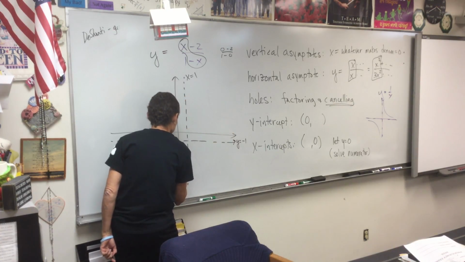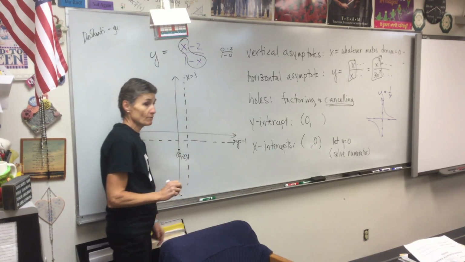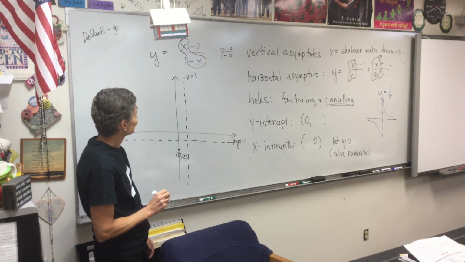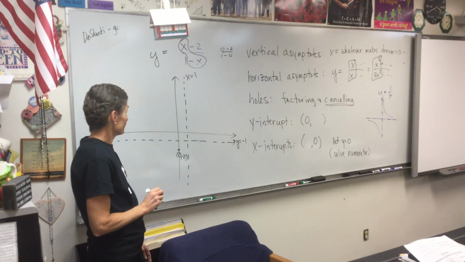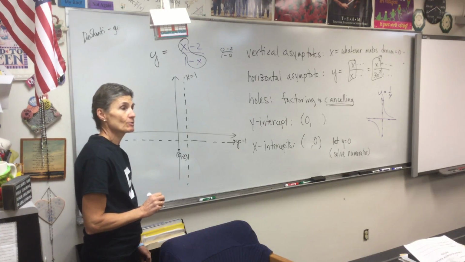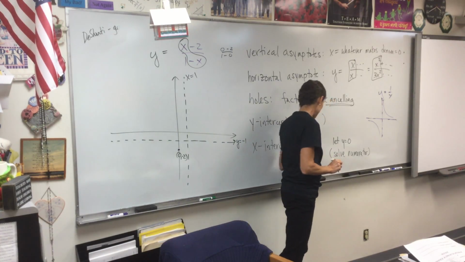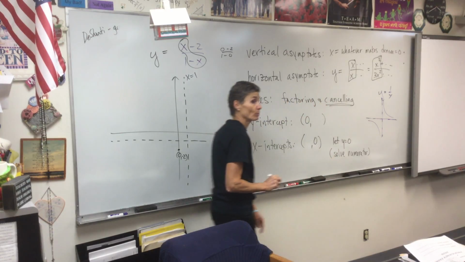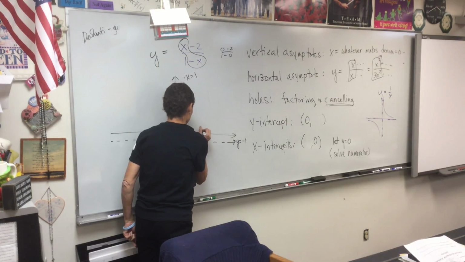So my y-intercept is at -2. Okay. And how about an x-intercept? How do I get an x-intercept? I put 0 in for y, which essentially means I solve the numerator. So if you solve the numerator, what do you get? 2.